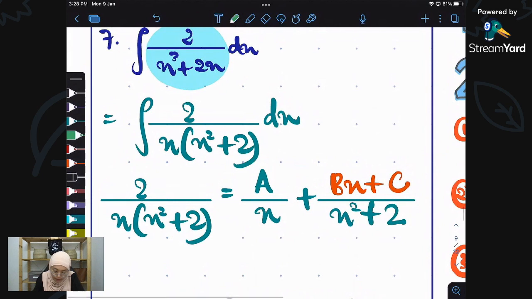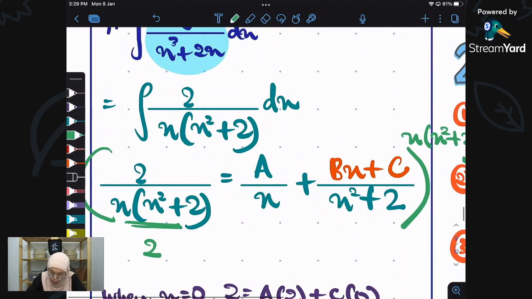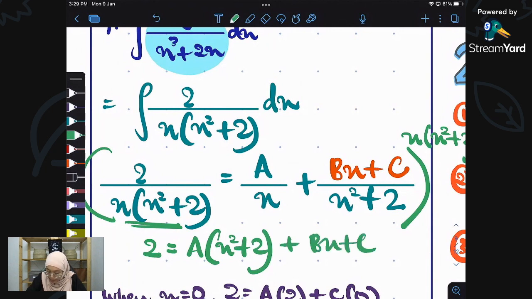So caranya adalah dengan darab everything here with its denominator. We will times it with its denominator, and it will give us 2 equals A times x squared plus 2 plus Bx plus C times x.